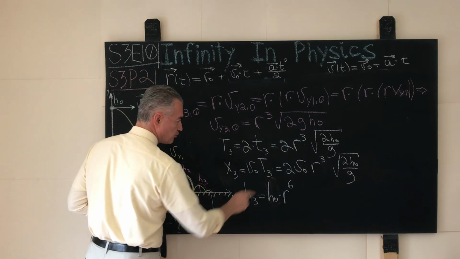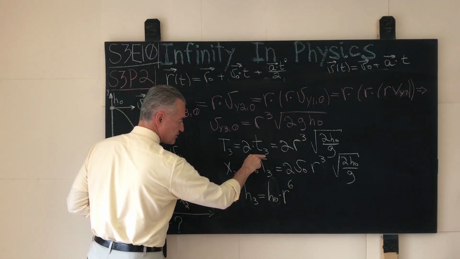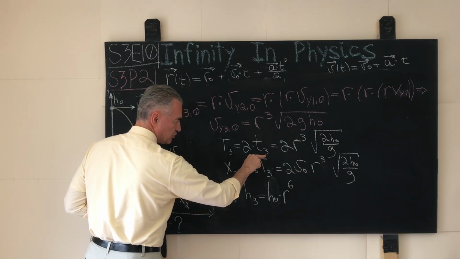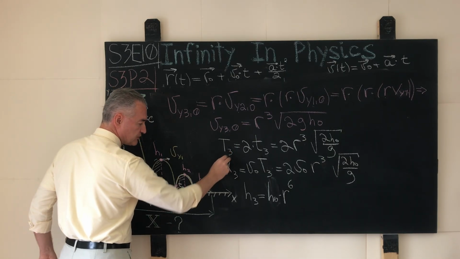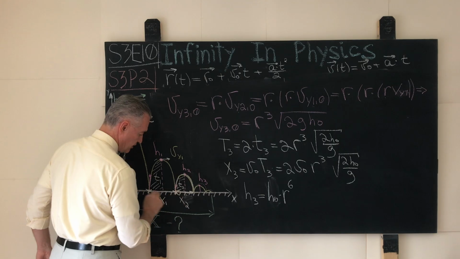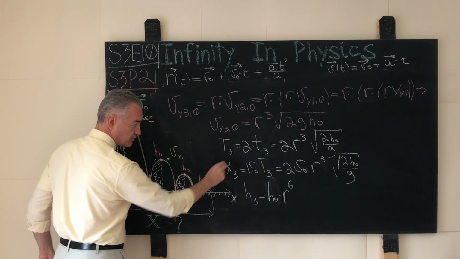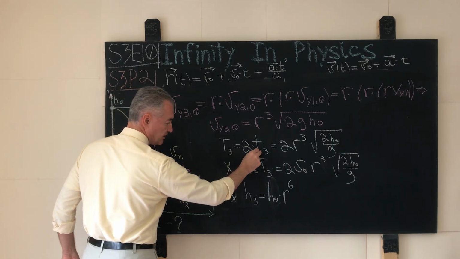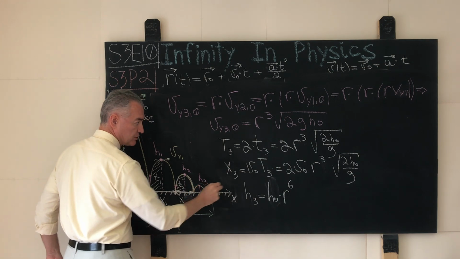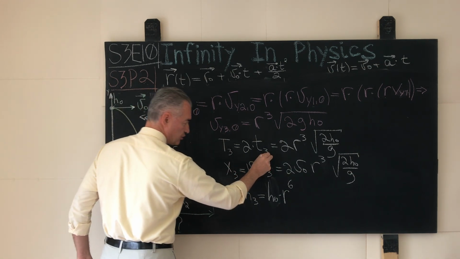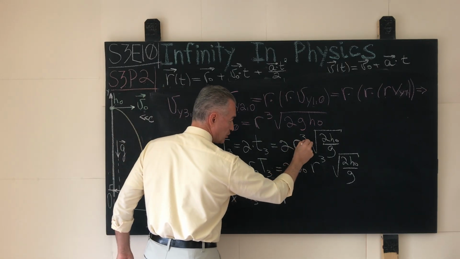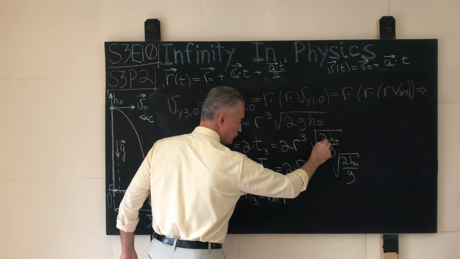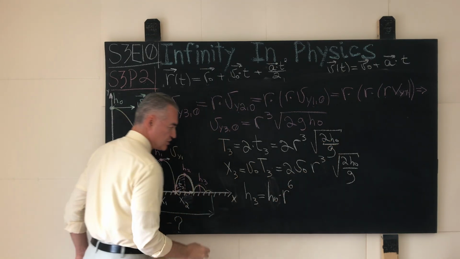And from that observation, we recover the time to climb to the highest point over here. So the total flight time after the third bounce will be twice the climb time to the highest point at the third bounce. It will be 2r cubed times the square root of 2h0 over g.